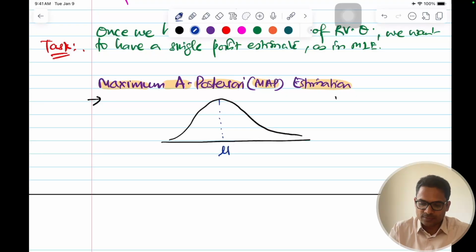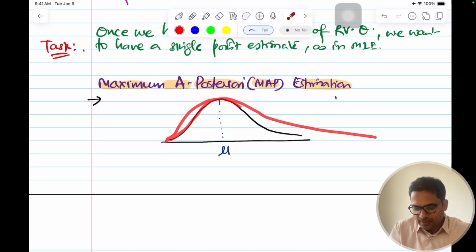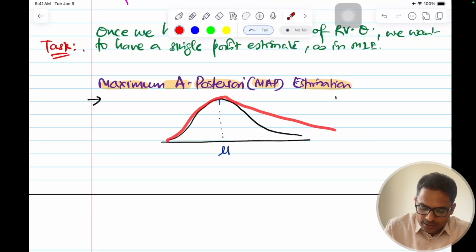If it is Gaussian or perfectly symmetrical, the peak coincides with the mean. But for all distributions, it may not be the same. Even if it's skewed like this, the peak may not be the mean. The mean will be somewhat on this side.